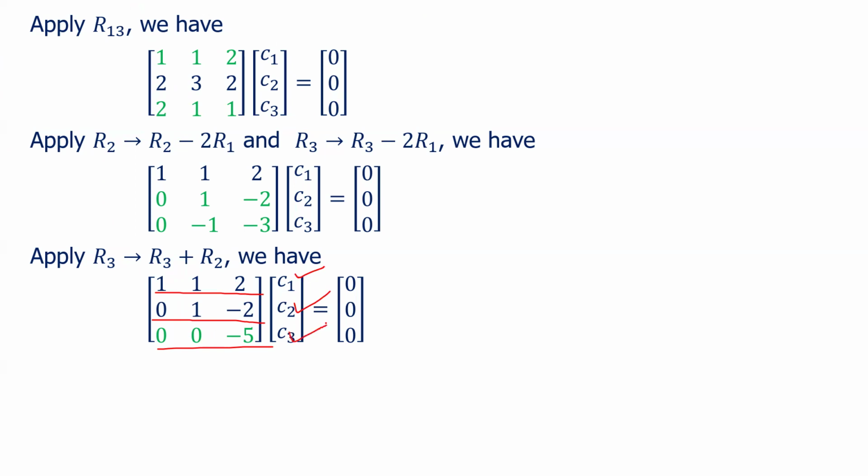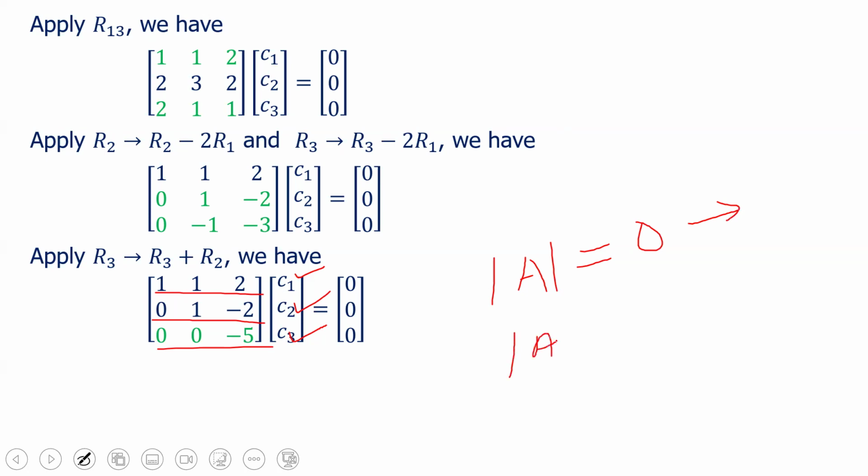Therefore, the given vectors are linearly independent, because we know that if the determinant of A equals 0, the vectors are linearly dependent, and if the determinant of A is not equal to 0, the vectors are linearly independent. Here the determinant of A is minus 5, which is not equal to 0. So we can also say that the vectors are linearly independent.